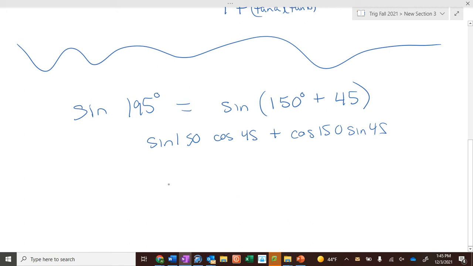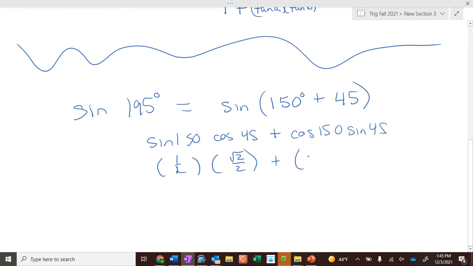Okay, so what's the sine of 150 degrees? That's just 1/2, isn't it? Positive 1/2. Cosine of 45 is square root of 2 over 2.